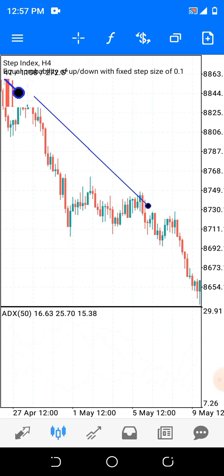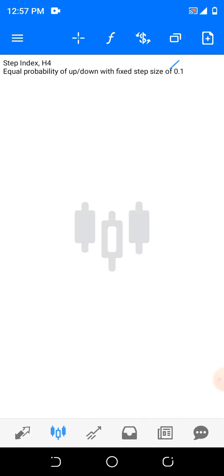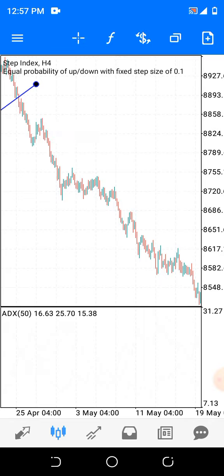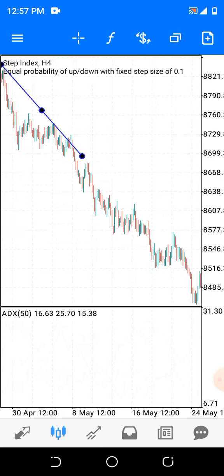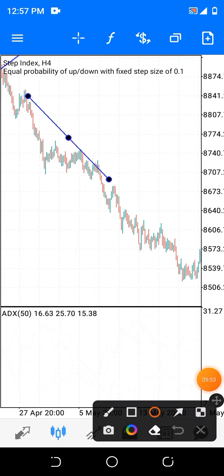Look at these 2 points. Do you understand? So you use these points here to establish your trend line.